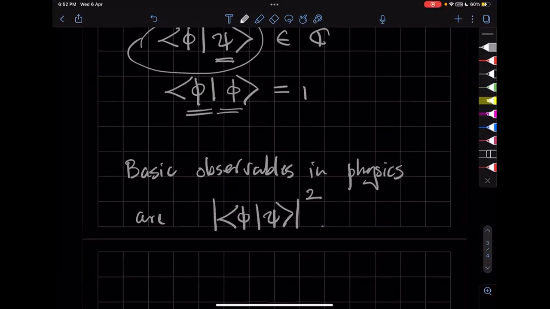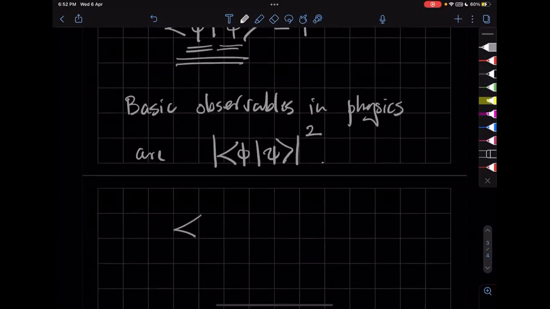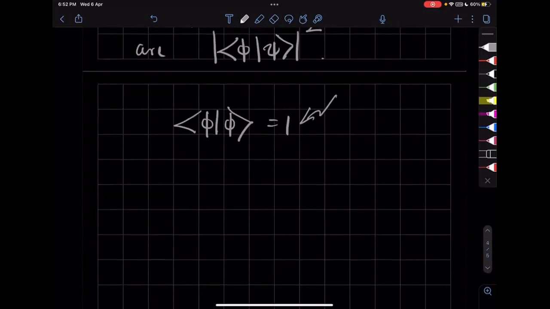And this thing has the interpretation of probability, and that's why we usually normalize it. It is somehow saying that the probability of everything happening is 1. The sum of probability of everything happening is 1. So now if I make a change to the system, something changes on the Hilbert space.